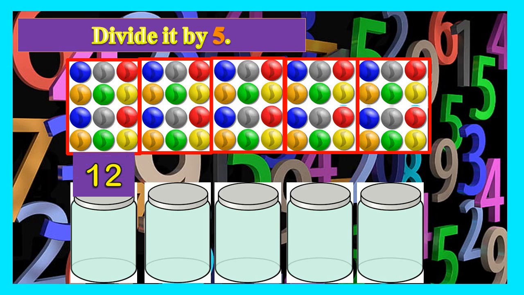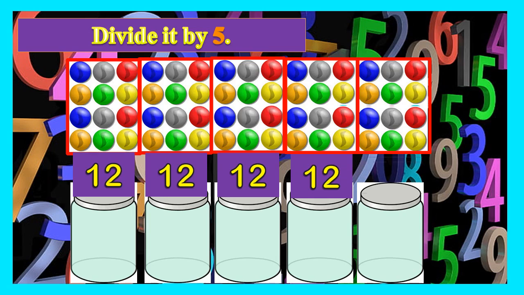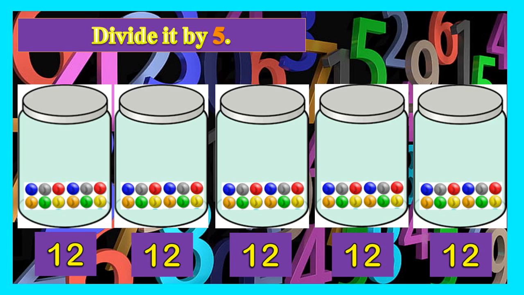There would be 12 marbles each. So if Jack wants to divide his marbles equally into 5 sets or into 5 groups, then how many marbles are there in each jar? So there would be 12 marbles in each jar.